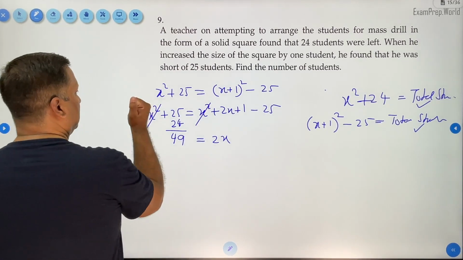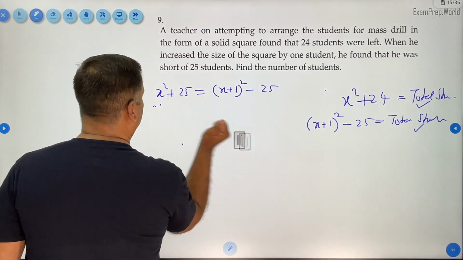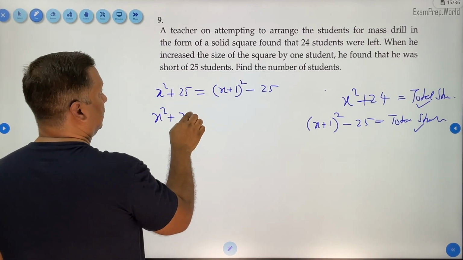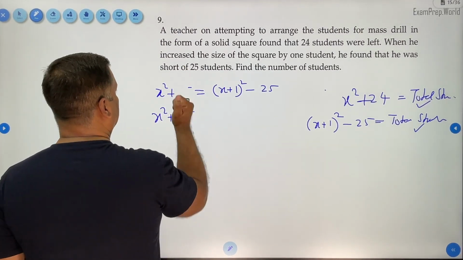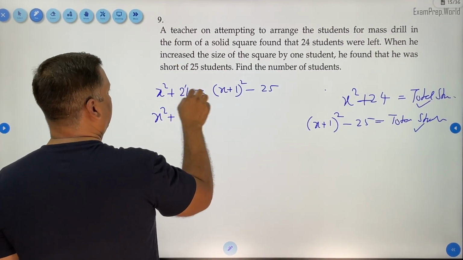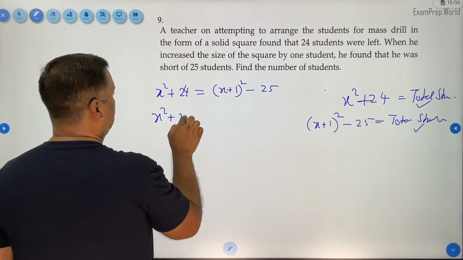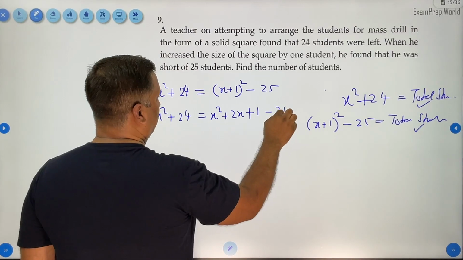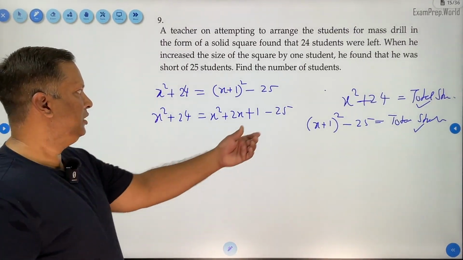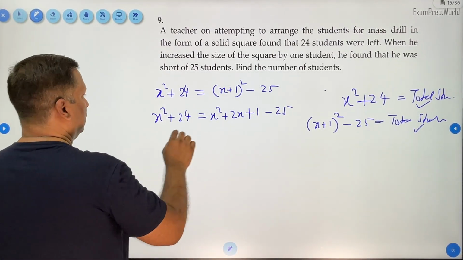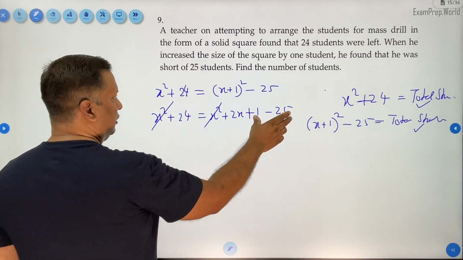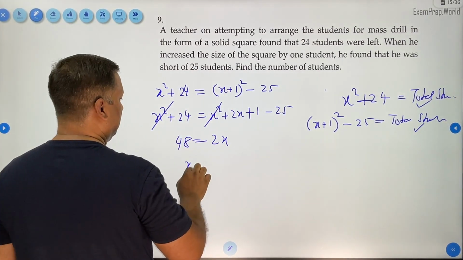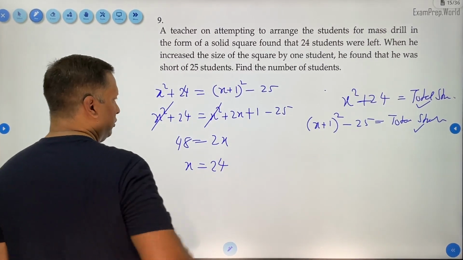Let me correct once again. See, I wrote wrong. It is 24 and here it is 25. x square plus 24 equals x square plus 2x plus 1 minus 25, right? So cancel this x square. Negative 24 comes here and becomes 48, 2x, x is equal to 24.